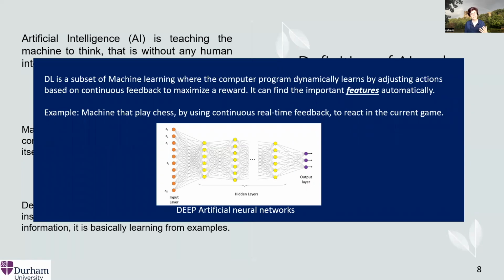An expert didn't consider that, but deep learning methods can extract that feature and use it in downstream applications. So, for example, we have a machine that looks into chess playing, a video, a couple of images, and doesn't need us to say what is important in this play. It finds the features so it can understand how to react to the current game.